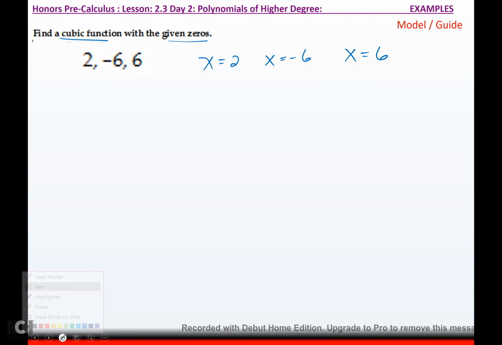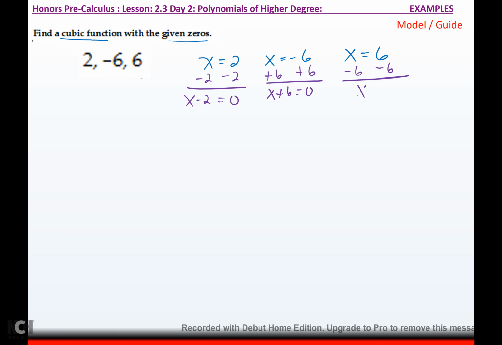What I said was write them back in factor form, in other words, get 0 back on this side. So subtract 2, I get x minus 2 equals 0. Add 6, I get x plus 6 equals 0. Minus 6, I get x minus 6 equals 0.